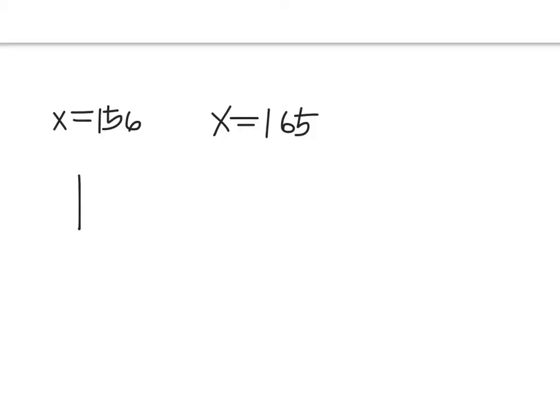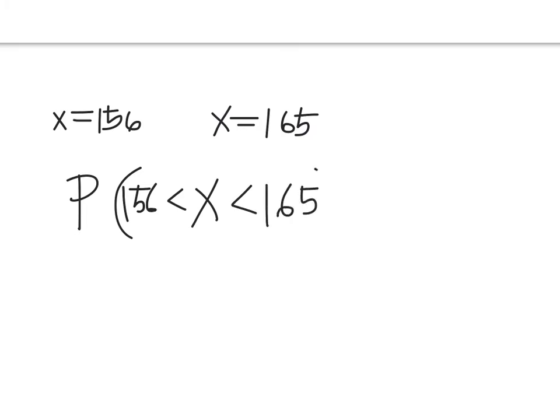So we're looking for the probability that the height x is between 156 and 165. Okay, so all we have to do is to repeat the process and take this as if this is a simple question on finding the area in between two x values.